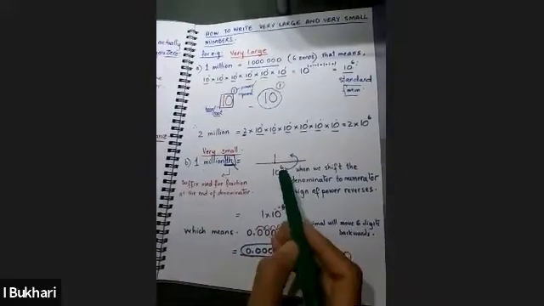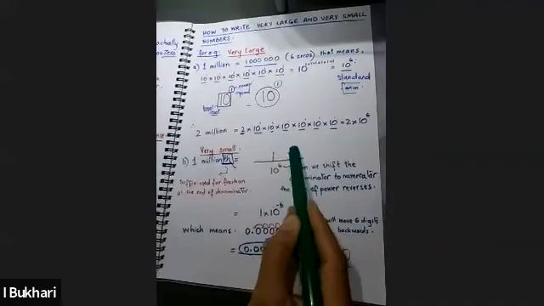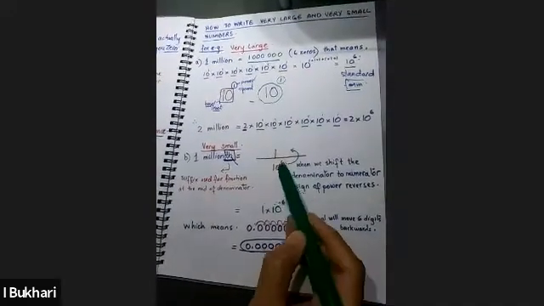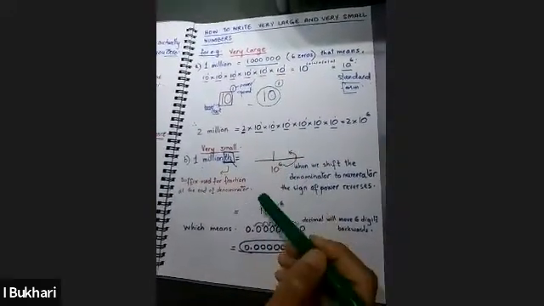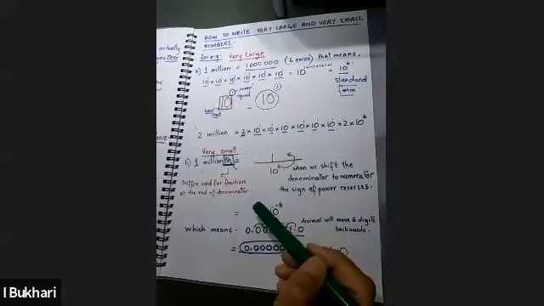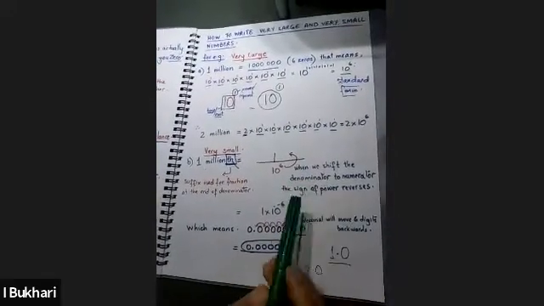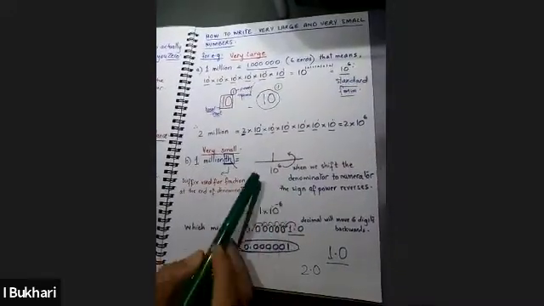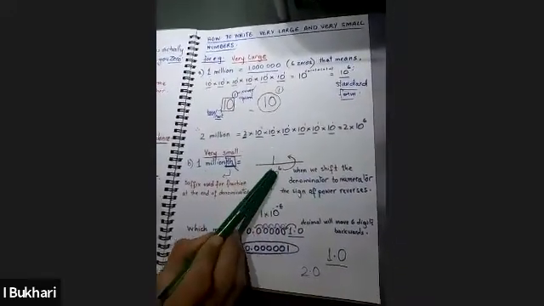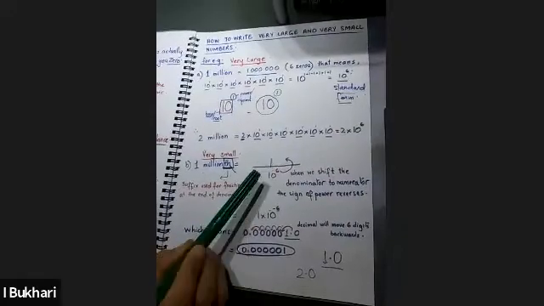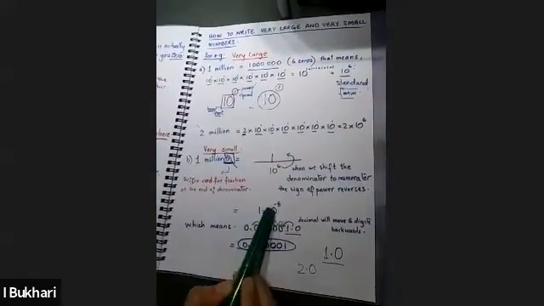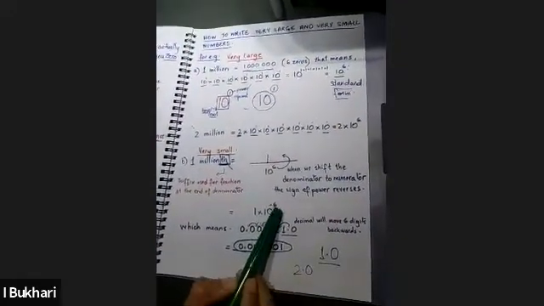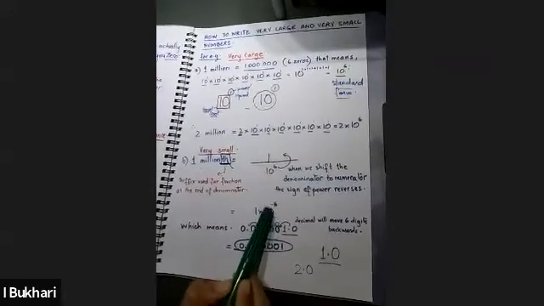Now, when we shift this power to the numerator, above the fraction bar, the sign of the power reverses. So if it was positive, it becomes negative. If it is negative, it becomes positive. So since it was positive here, it reversed into negative. So now we have 10 to the power minus 6.